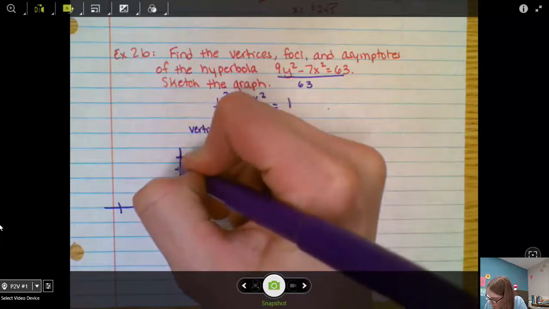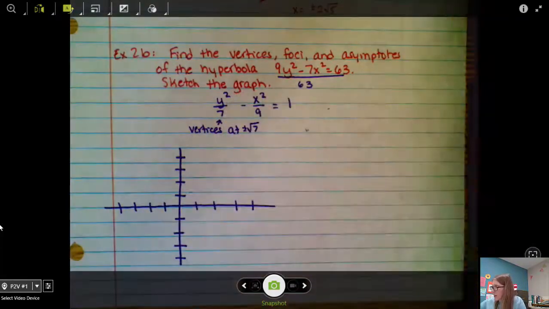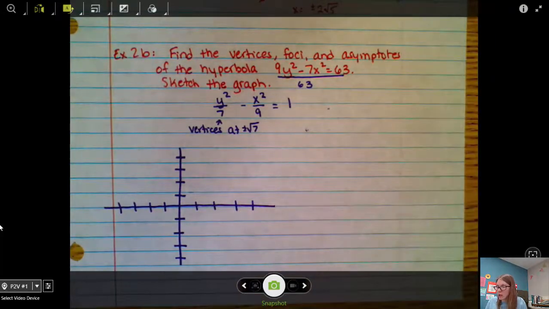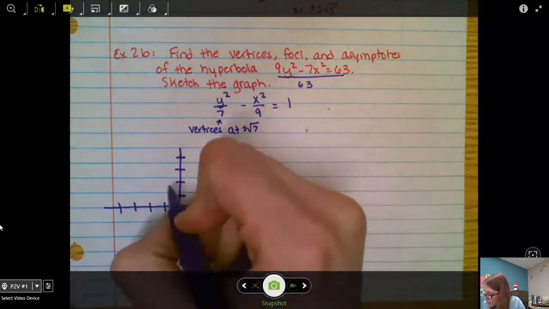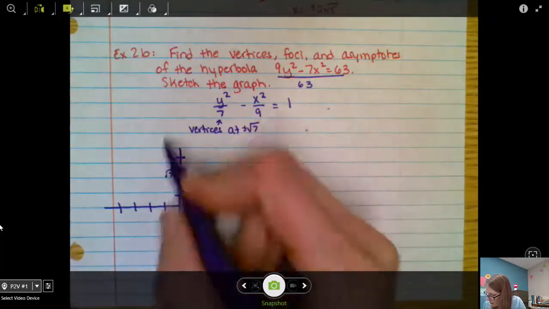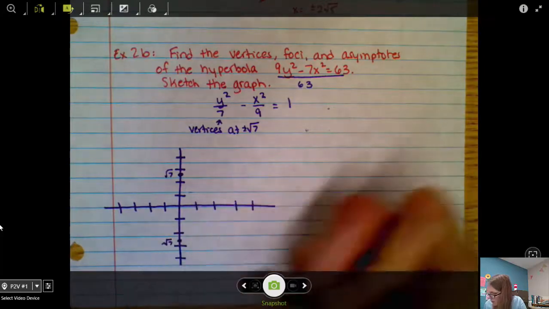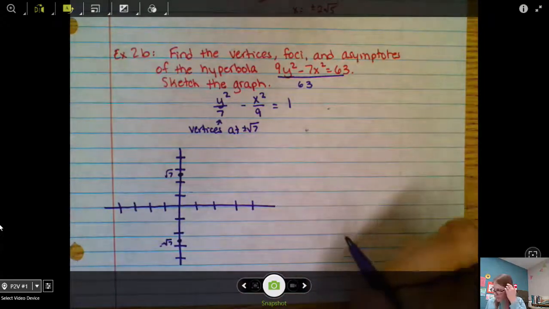So our vertices are on the y-axis. The square root of 7 is somewhere between 2 and 3. It is 2.6. Okay, so we'll kind of estimate there. We're at the square root of 7.